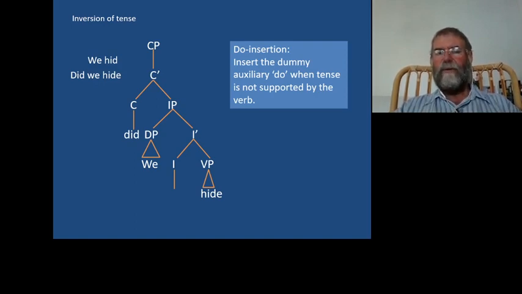It performs purely a syntactic or morphological purpose, and that is to act as the thing that supports the past tense morpheme. So when we move the past tense morpheme from the inflection position into the complementizer position, we need to insert this dummy auxiliary do to support it and allow it to be bound by something or other.